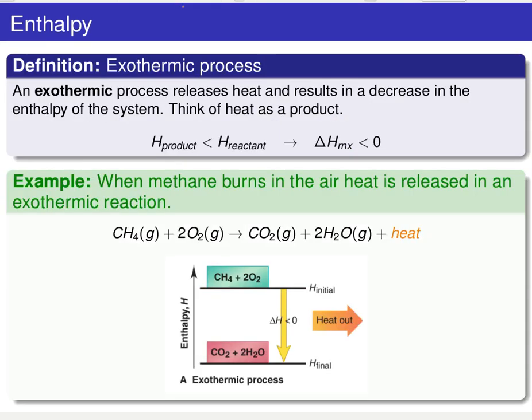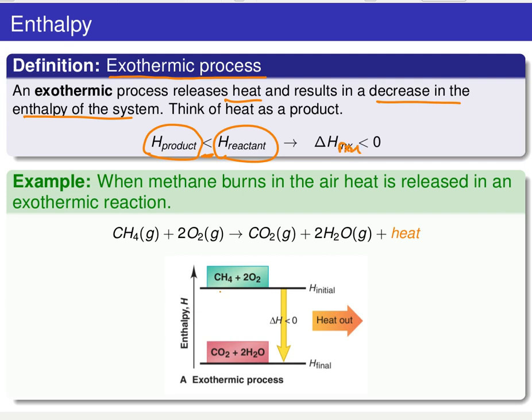And so we have a couple terms that we use to explore this. If you have a process that is giving off heat, we call that an exothermic process. Exo means outside. So an exothermic process releases heat and results in a decrease in the enthalpy of the system. So the products are going to have a lower enthalpy than the reactants, and you've got an overall negative delta H of reaction.